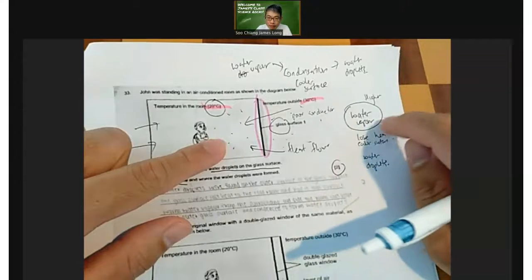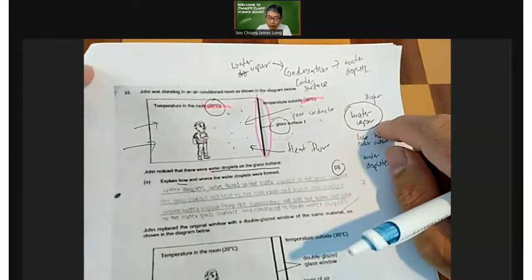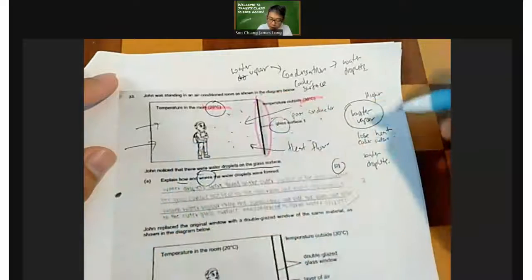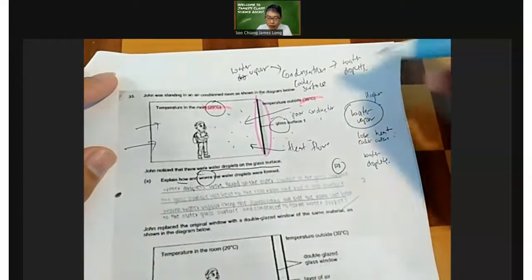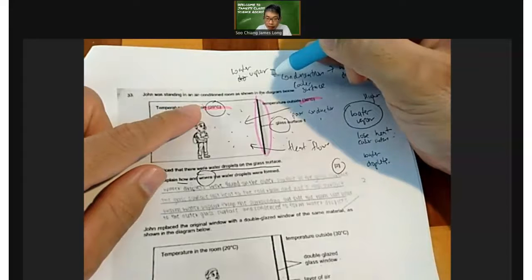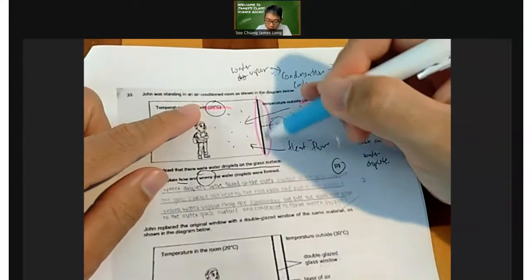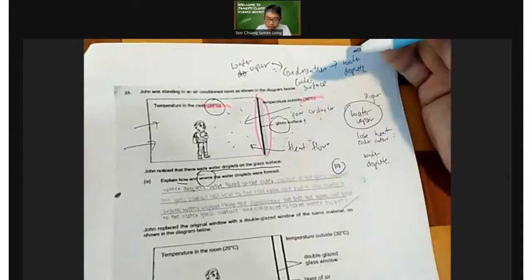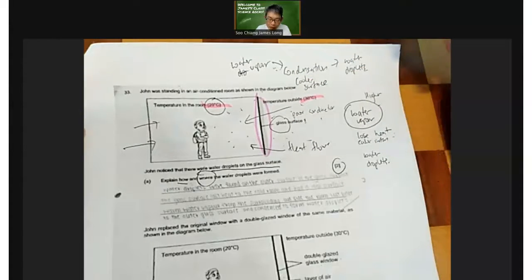Outside the room, right? So the water vapor is outside. Water vapor outside the air-conditioned room will condense on the outer surface of the glass, and become water droplets.